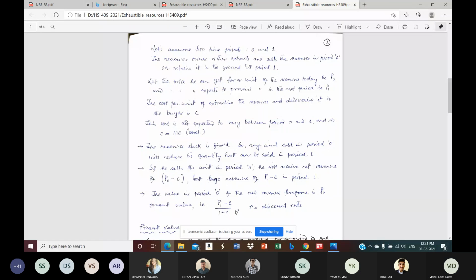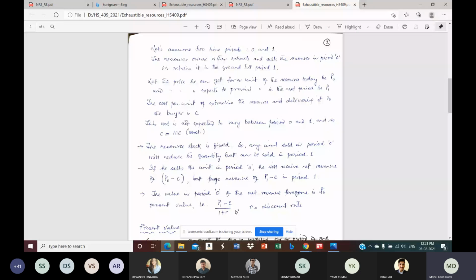If he extracts the resource today, he can expect a price, and that price is given as P naught because it is period 0. The price he can expect in the next period might be P1. There is always a cost of extraction, and the cost per unit of extracting the resource and delivering it to the buyer is considered to be C, which does not vary across the two time periods.